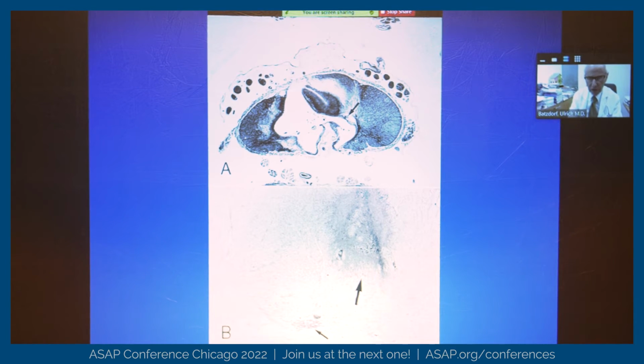And it shows very well how disruption of the spinal cord, I unfortunately cannot use a pointer in this presentation, but you can see it in the upper picture, allows fluid to travel into the substance of the spinal cord from the subarachnoid space. And this is a very important aspect.